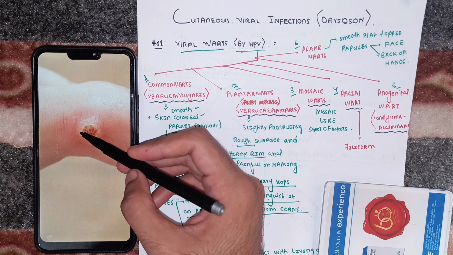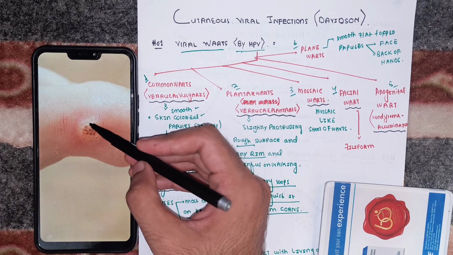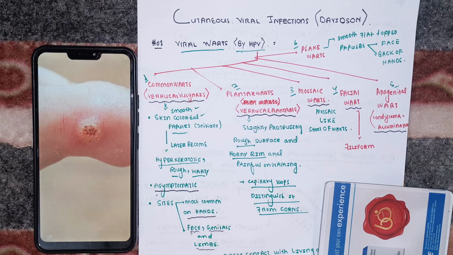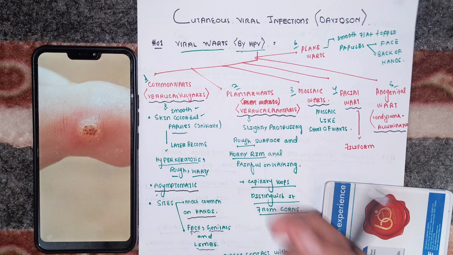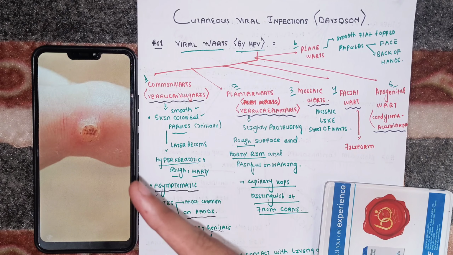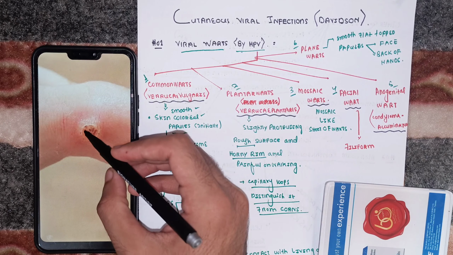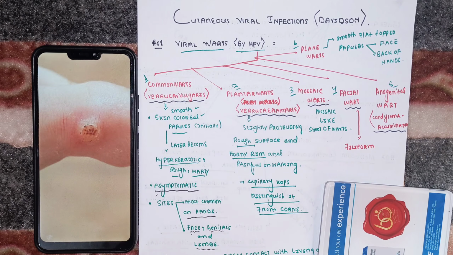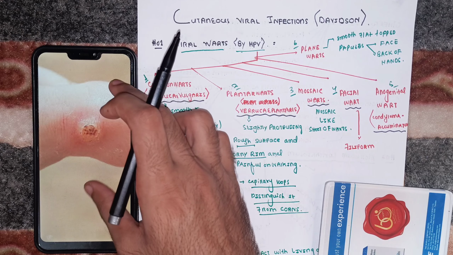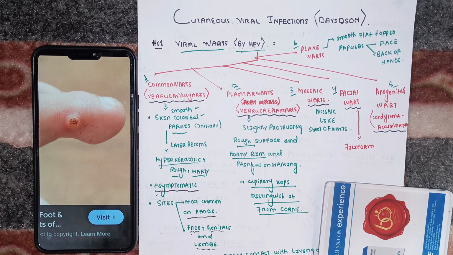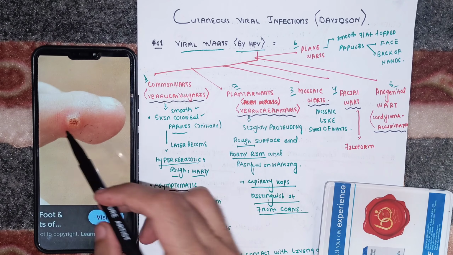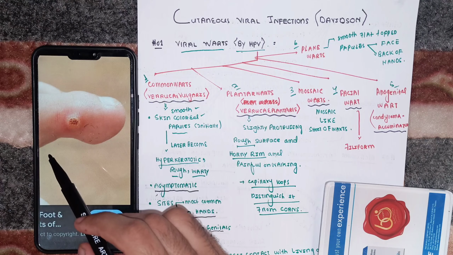They are very much scaly, having horns, right? So this is the plantar wart. It is actually slightly protruding out. It is a rough surface you can see, and it is having scaly rims. Okay, and it is painful on walking compared to common warts. Common warts were asymptomatic, but these plantar warts, remember, they are painful on walking.